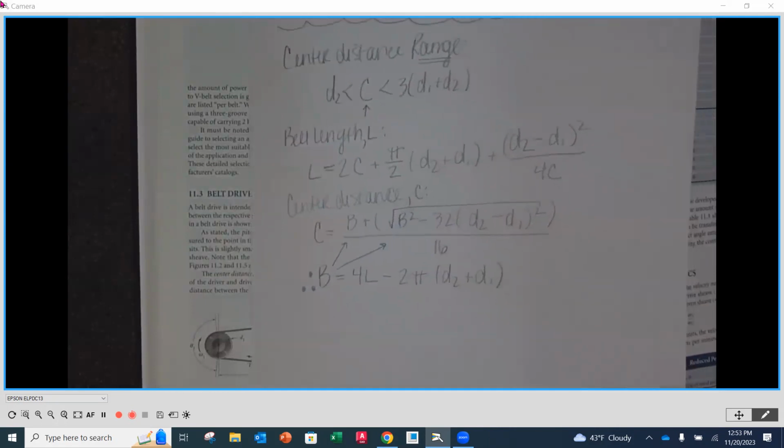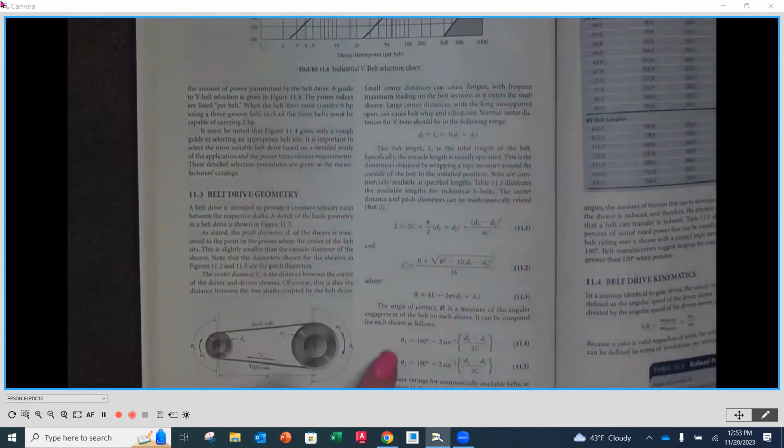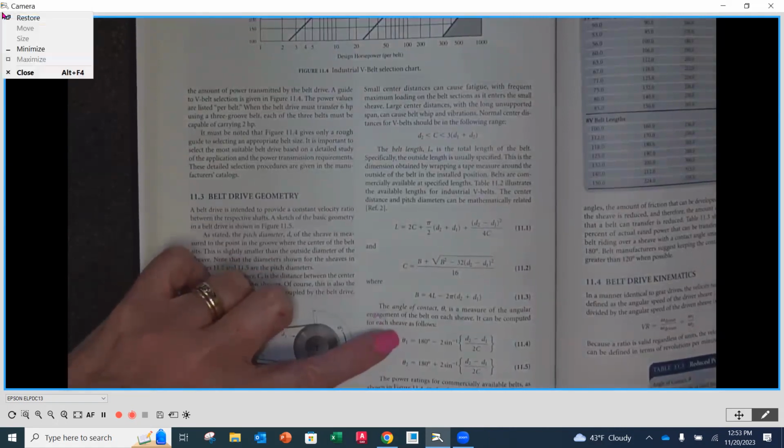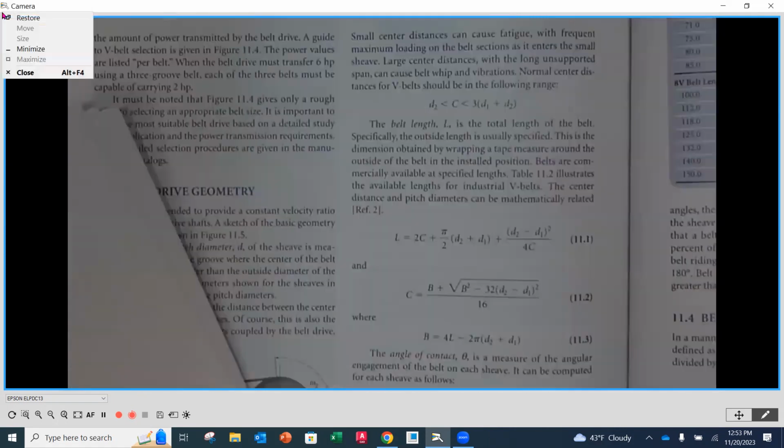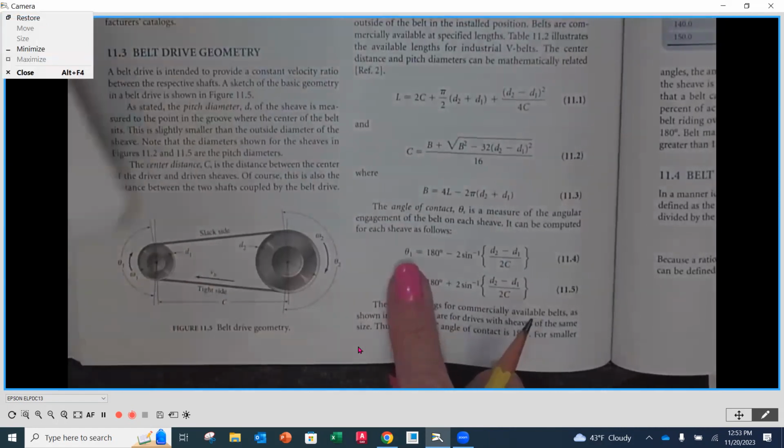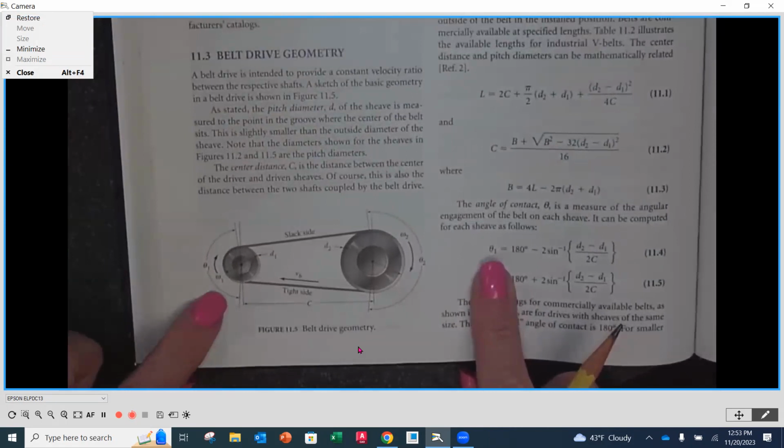All right. And then the next ones that we have to check are going to be the angle of wrap. Okay. So you'll notice these two equations down here. The first one is going to be for theta 1. And if we look over here, theta 1 is going to be the angle that we get on our driver.